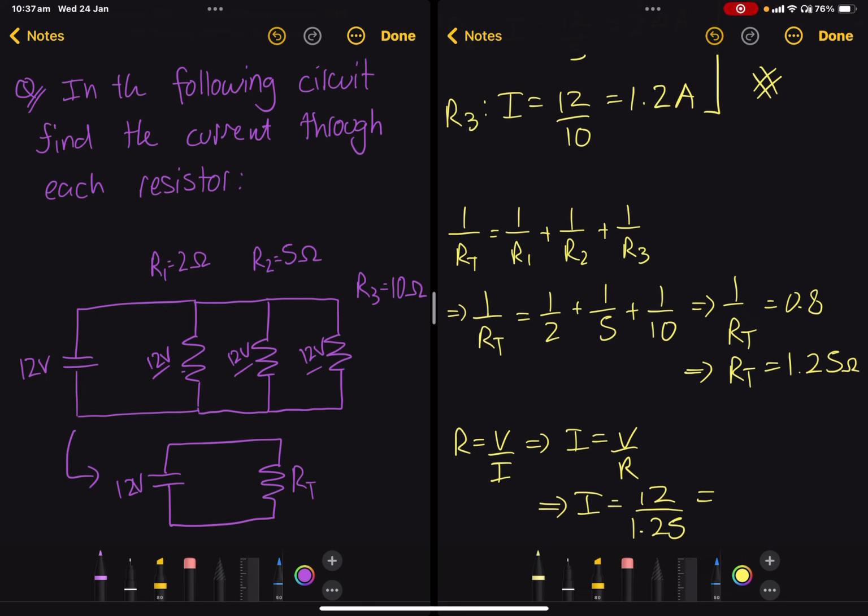Now 12 divided by 1.25 gives us 9.6 amps. This is the sum of the currents that we got when we did the currents individually. So this essentially confirms for us, this is a check that we can do, that the answer that we have above is likely to be correct. And in fact it is correct.